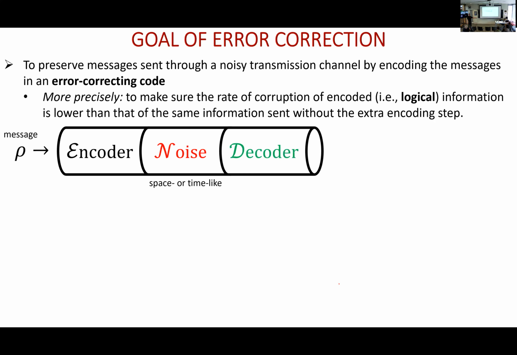Then at the other end, you try to extract the information using a map called a decoder. The whole point is that this whole situation has to roughly equal rho. You can just delete DE here. For simplicity, this should be equal to something that was basically as if you had never done this and you had just given the message to the other side in a perfect way.